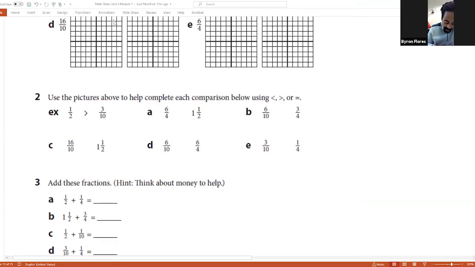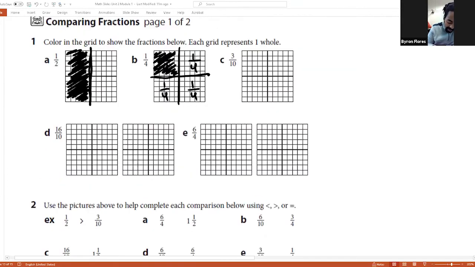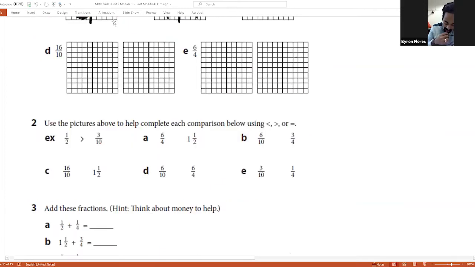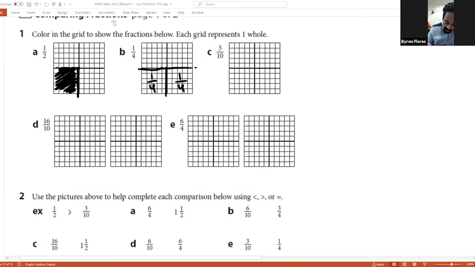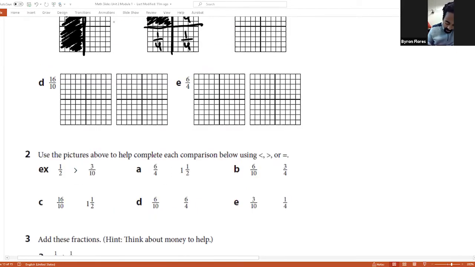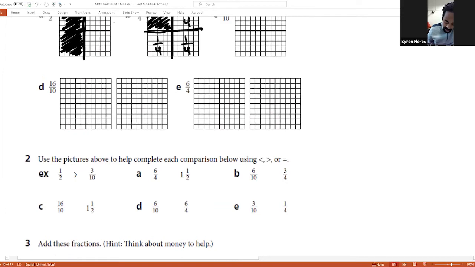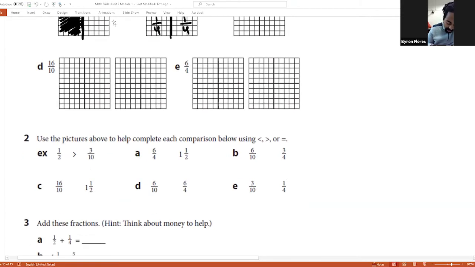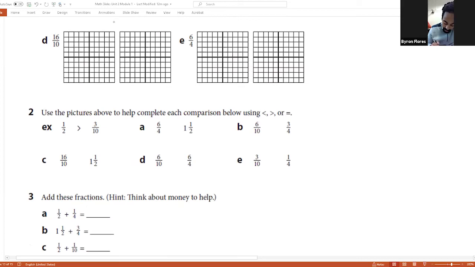So for the example, you can see 1/2 is greater than 3/10. Now when I think of 1/2, 1/2 fills in half of this mat. Now what I need to do is figure out what 3/10 is, and 3/10 is less than 1/2. And I use that information to determine which one is greater than, less than, or equal to.